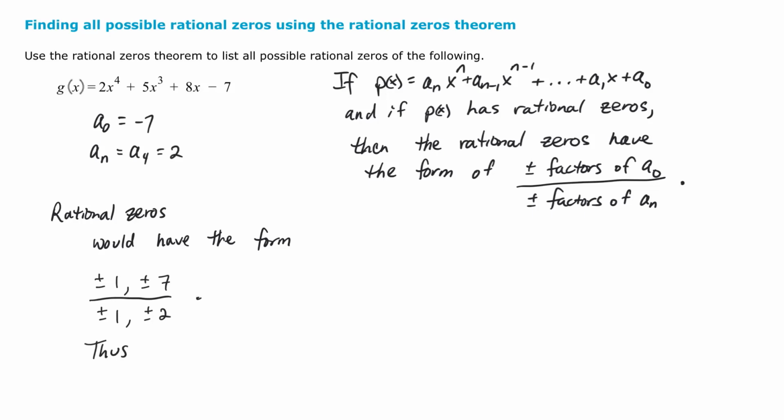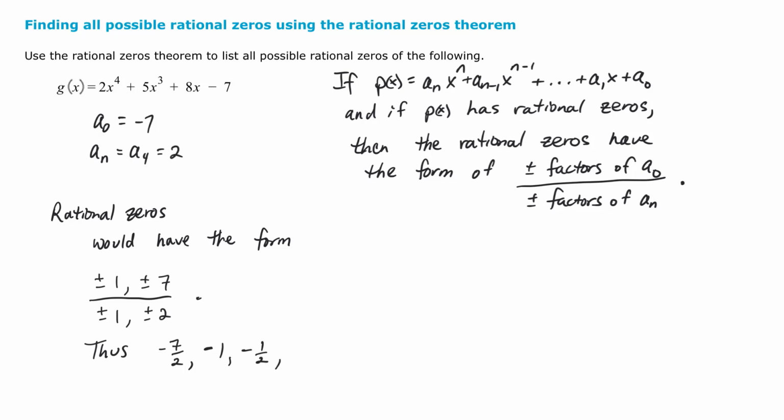Thus, what would our rational zeros really look like? Let's try to put some of these in order. So we could have negative 7 halves. I skipped negative 1, so why don't we put negative 1. We could have negative 1 half.